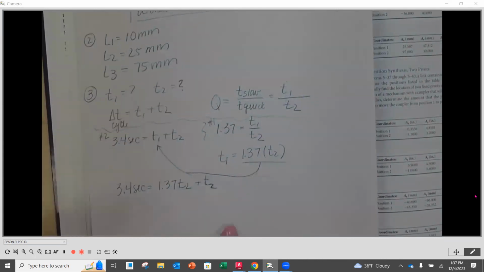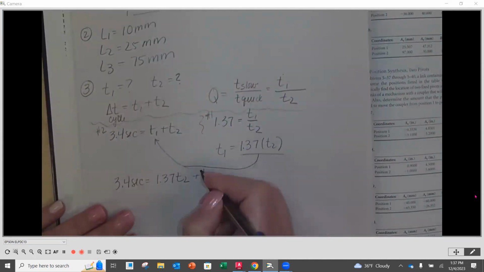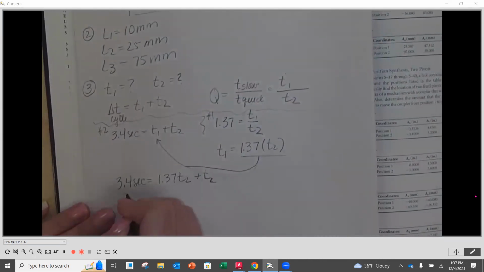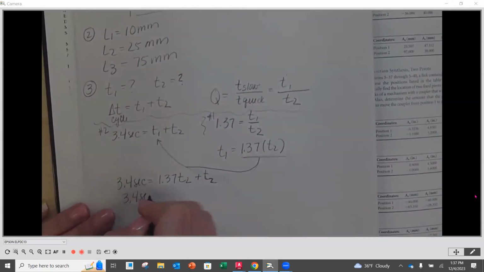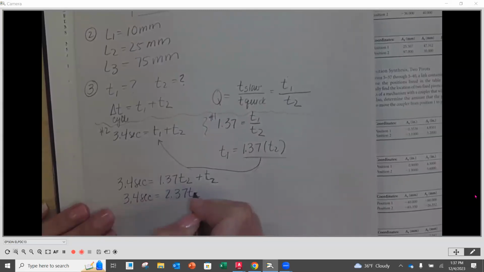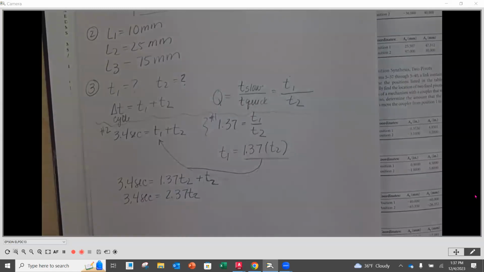Now, when I have a T2, there's an imaginary 1 out front here, right? So if I want to add these 2 together, I can say 3.4 seconds is equal to 2.37 T2, right? Make sense?